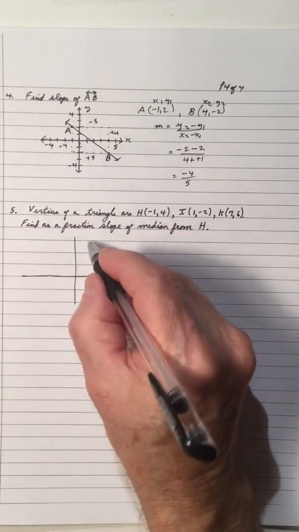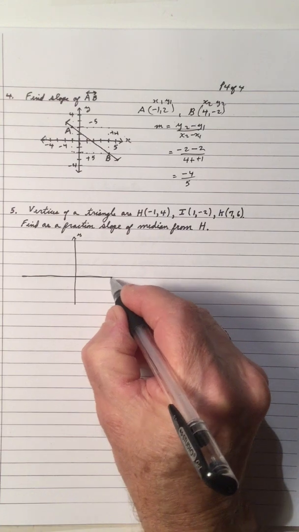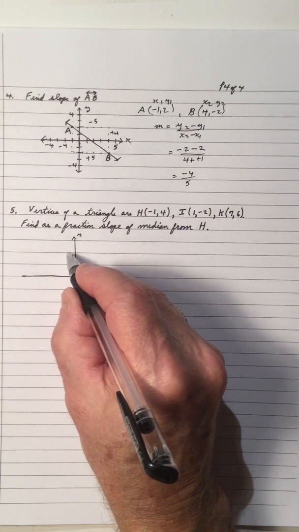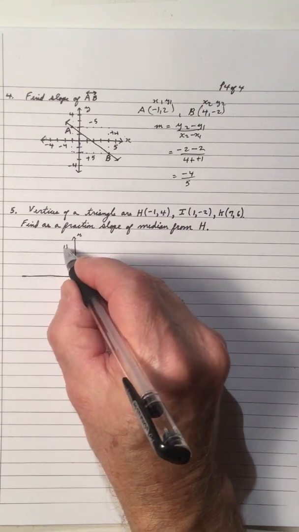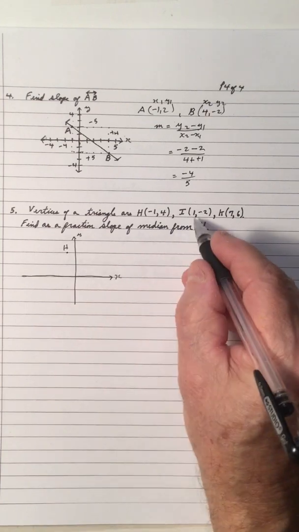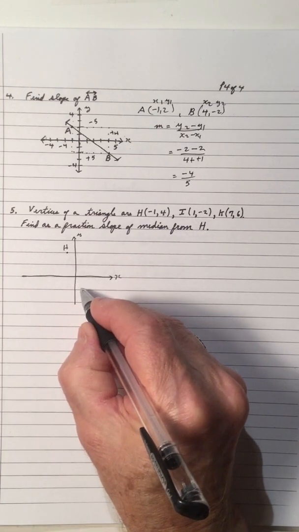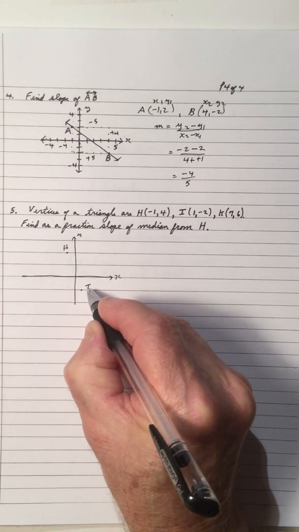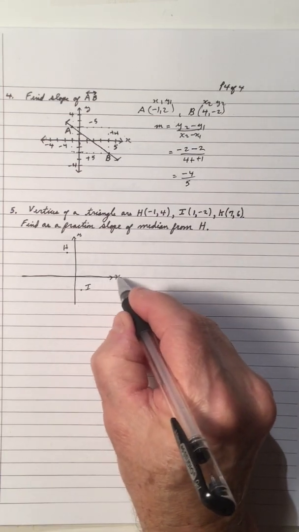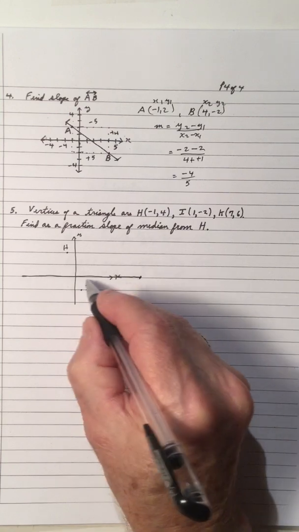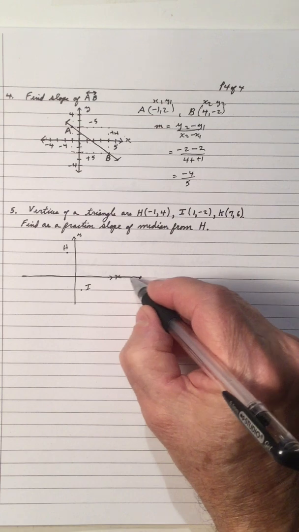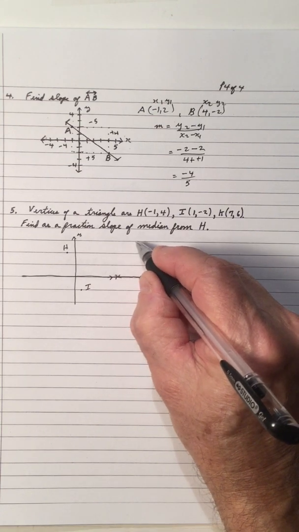This is the Y, and this is the X. H is negative 1, 4, so let's pretend it's right there. I is 1, negative 2. And K is 7, 6, so let's pretend it's right there.